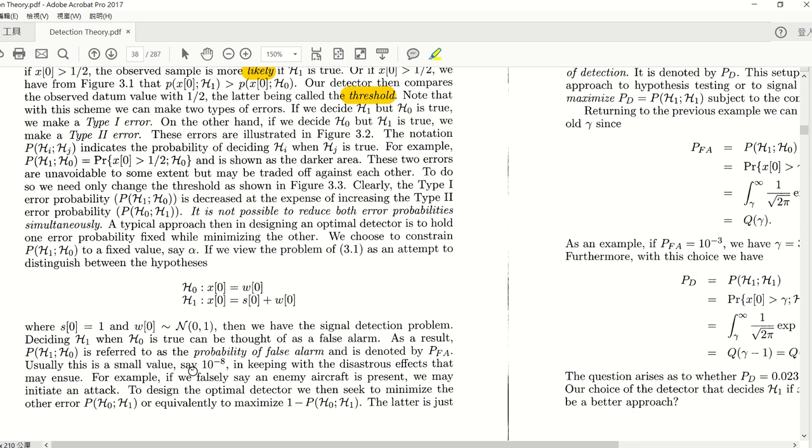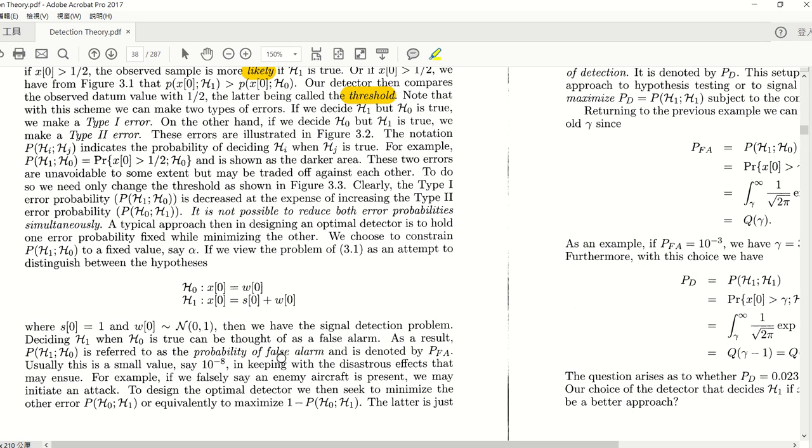Usually we like to set a small value for this, but of course it depends on applications. There is no absolute standard for this; it is highly dependent on applications. To design the optimal detector, we seek to minimize the other error, or equivalently maximize this.